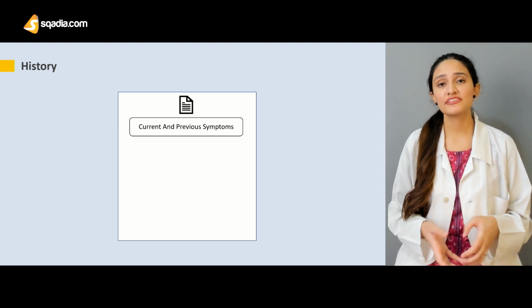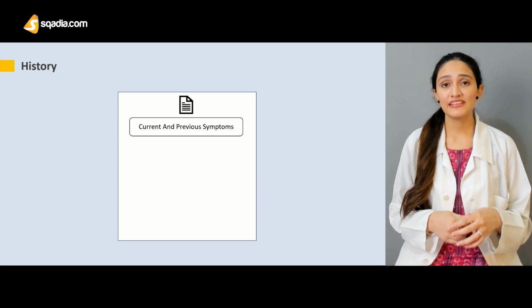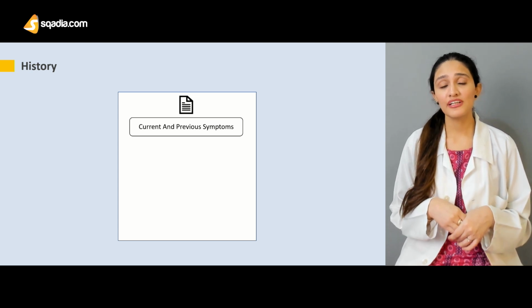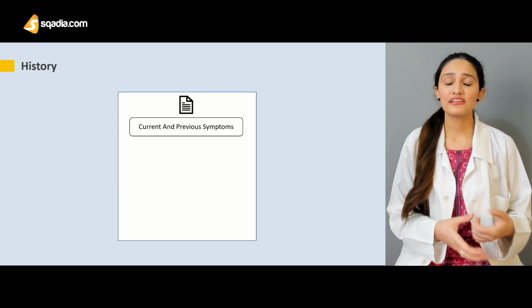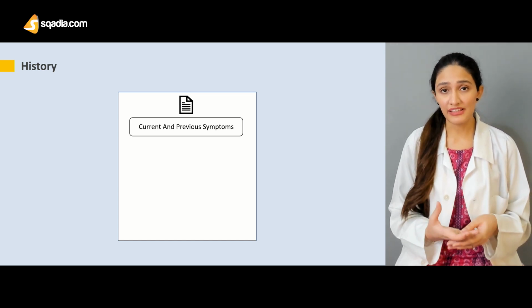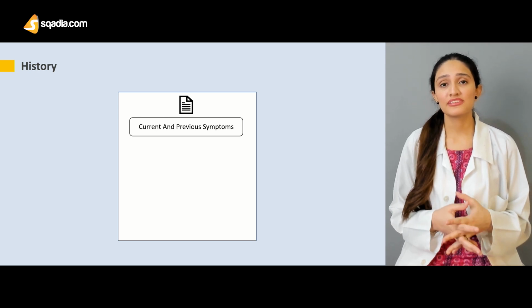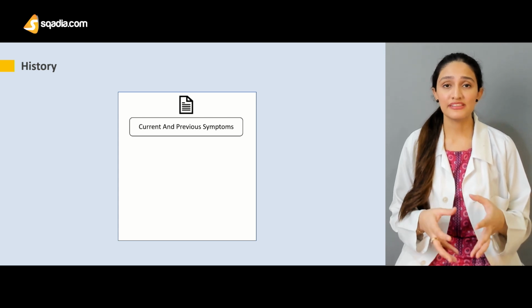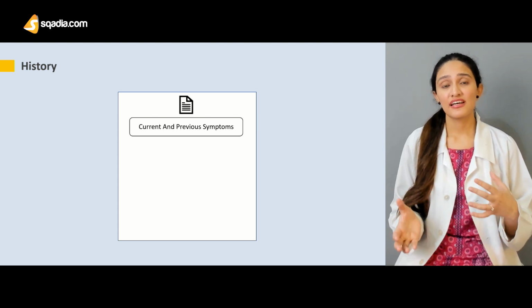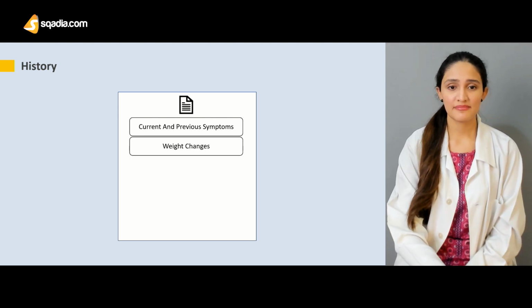It's very necessary to ask the patient about the symptoms that he is currently complaining about and the symptoms that he has previously felt. And also, it's very necessary to write down those symptoms as much as possible, in detail, and see if it's corresponding to the symptoms of diabetes mellitus.